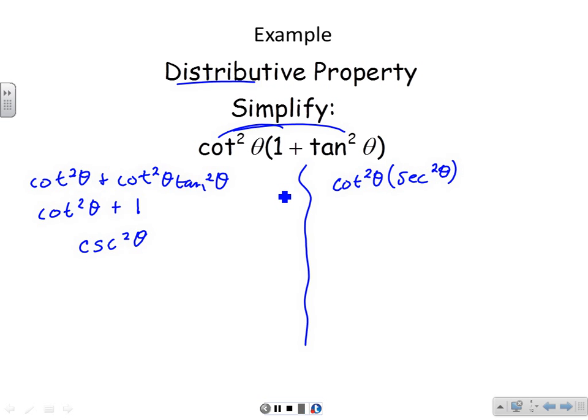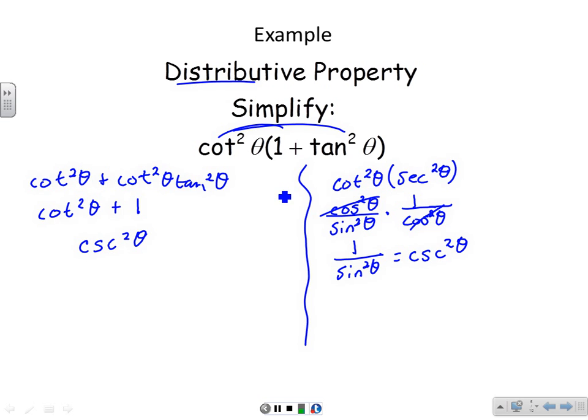And then change these into cosines and sines. So that's going to be cosine over sine square theta. And then this one is going to be 1 over cosine square theta. And these two will cancel out when you multiply the two fractions, and you get 1 over sine square theta, which is the same as cosecant square theta.